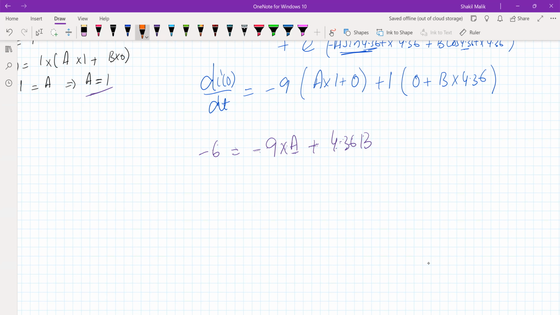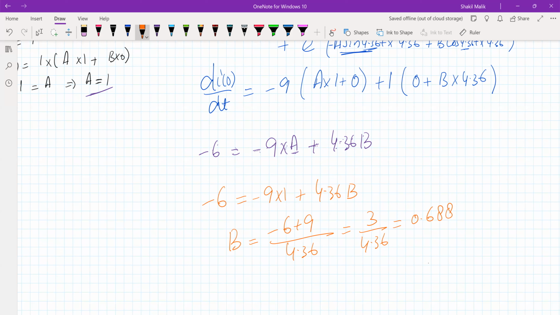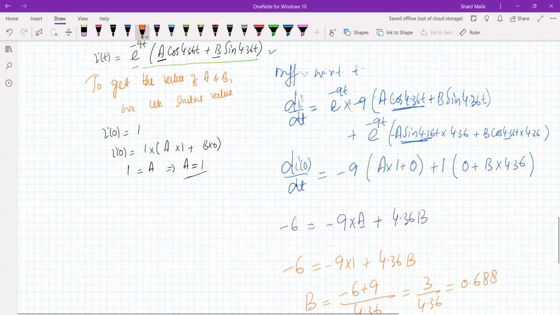So minus 6 equals minus 9 times 1 plus 4.36b. So b will be equal to minus 6 plus 9 divided by 4.36, that is 3 divided by 4.36, which is equal to 0.688.